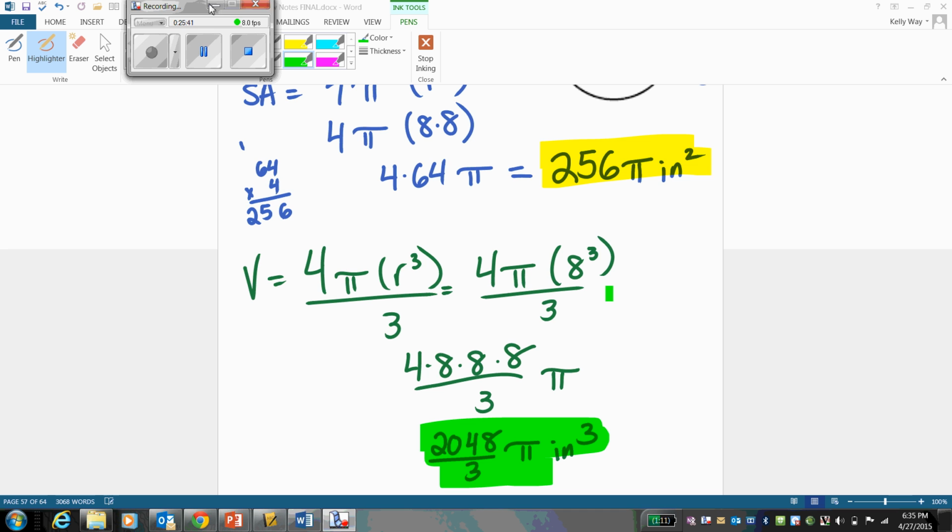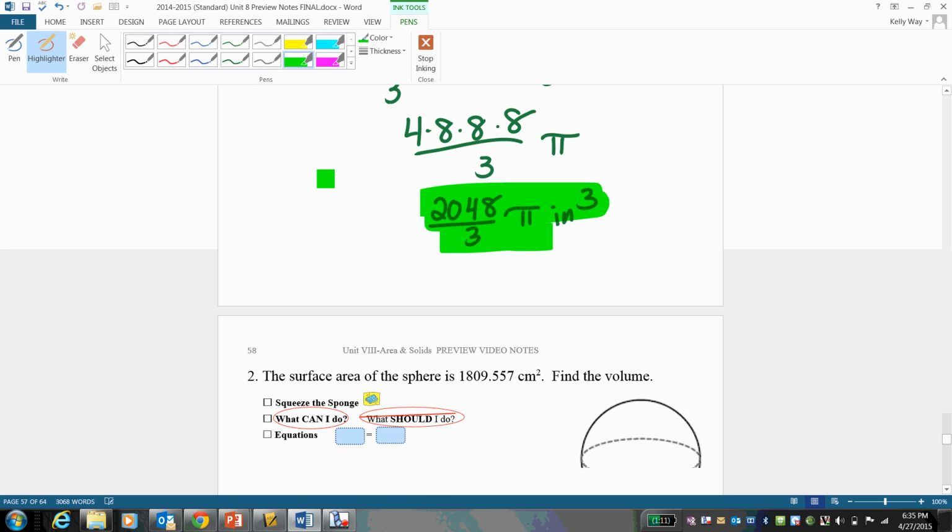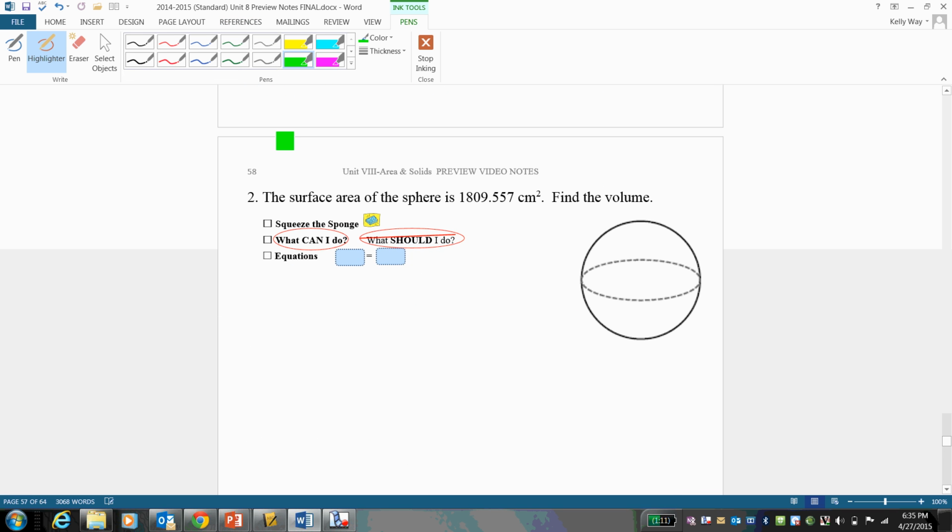Let's try one more problem together. It says right here, the surface area of a sphere is 1,809.557 centimeters squared. Find the volume. Okay, let's look at what we have. We have the surface area. So let's start by writing our equation. Surface area equals, for a sphere, 4 pi r squared.